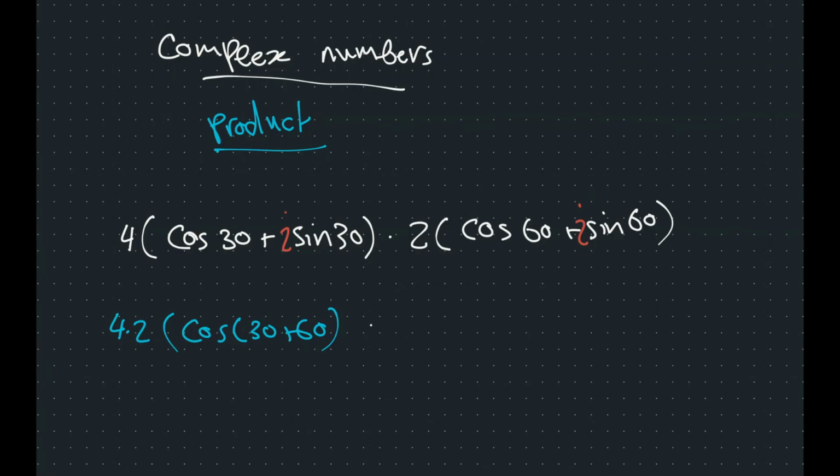And then I will add, of course, i, because this is going to be the complex part. i is with the sine, and then sine, and again 30 plus 60, right? And we will get an answer.